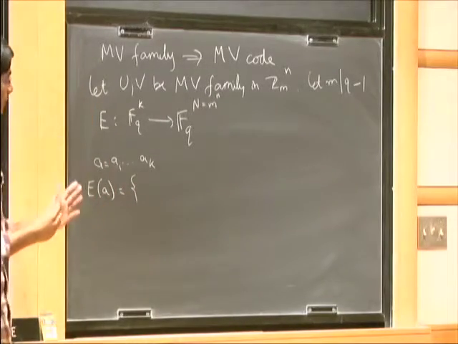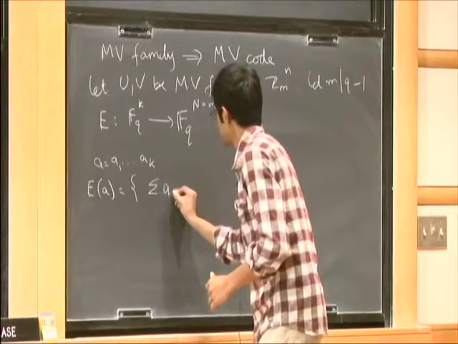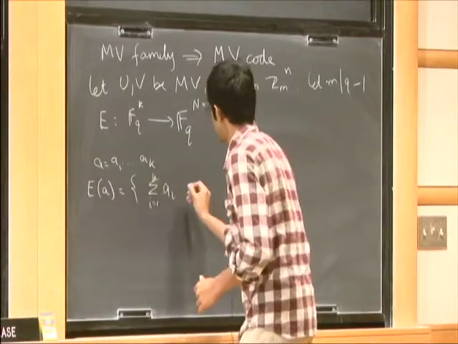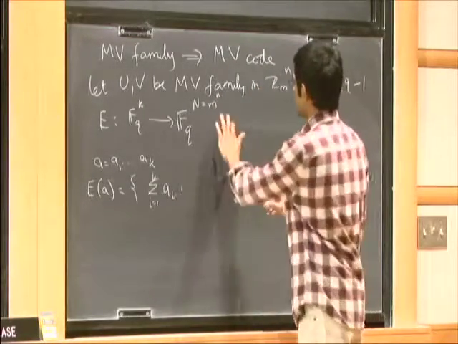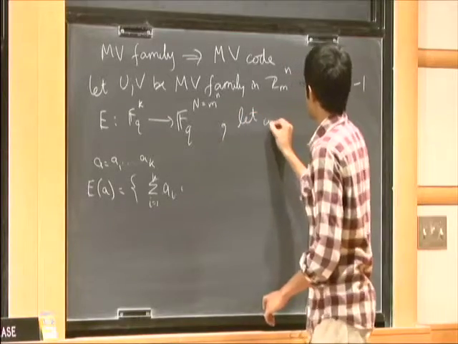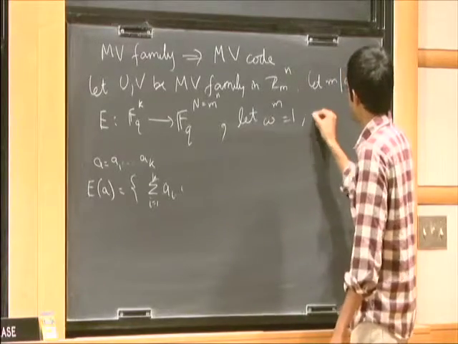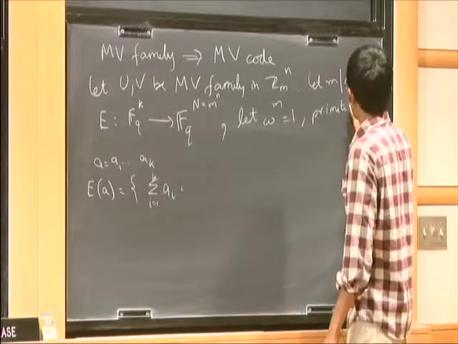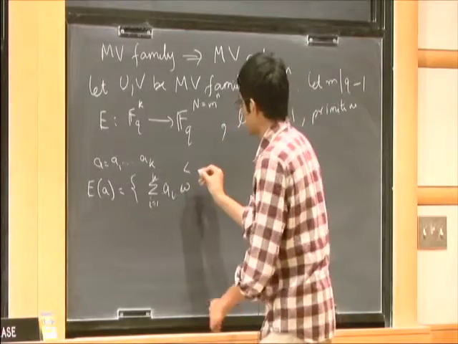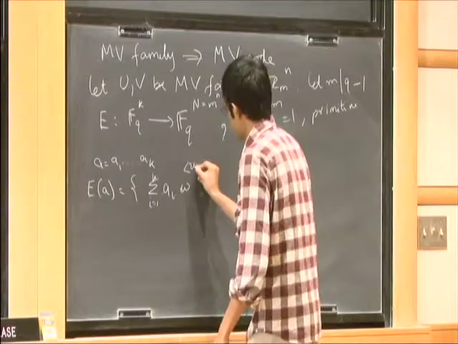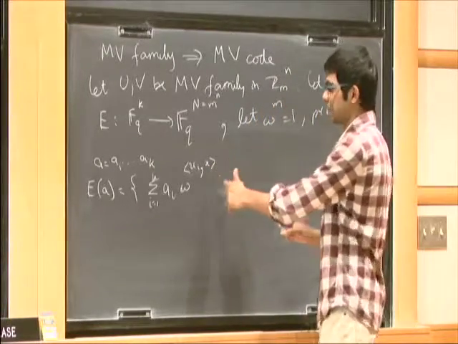Now E of a would be an evaluation of some function. Before that, let omega be a primitive mth root of unity in F_q. So the function is the summation of a_i omega to the power of u_i dot x, and it will be evaluated at all m to the n locations.